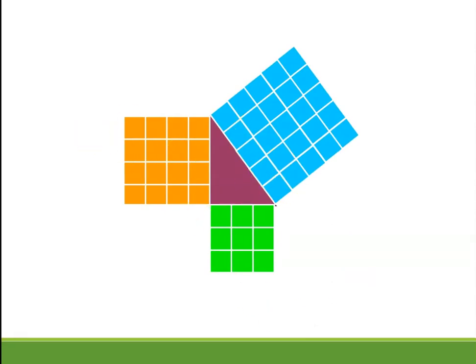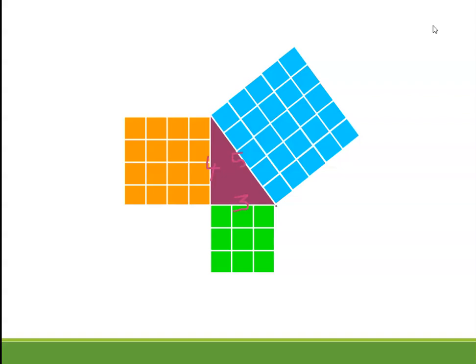Let's look at this right-angled triangle right here. Using the squares, we can tell the measurement of the triangle, right? The length 1, 2, 3, 4. So over here has a length of 4 units, and over here has a length of 3 units. And if you count this side, it has a length of 5 units.